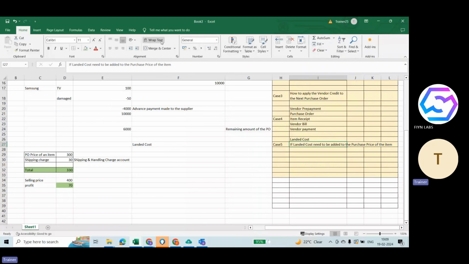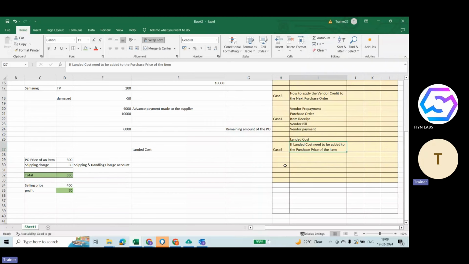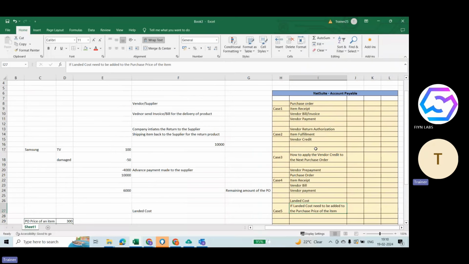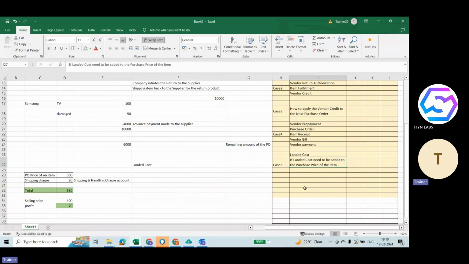That is one scenario. We will see how that scenario can be covered, what setup needs to be done, how the item costing is impacted, and how profit is calculated.